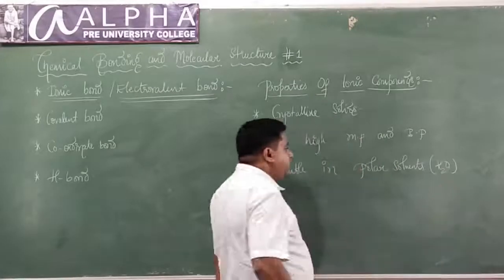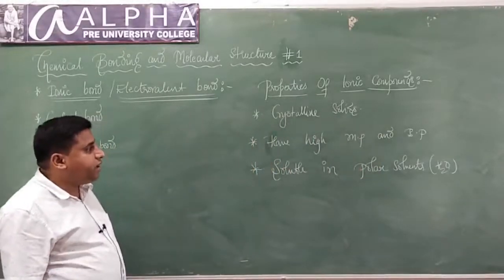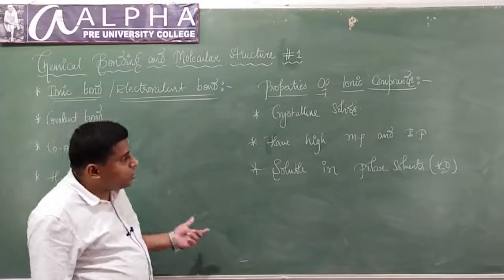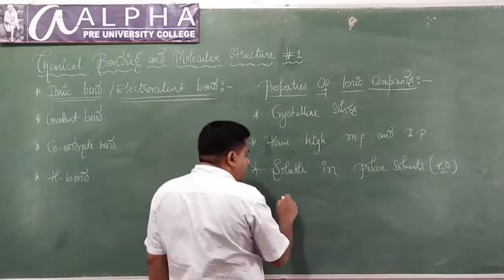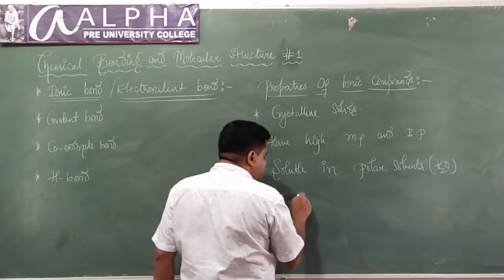They have high melting point and boiling point. They are crystalline solids. They are soluble in polar solvents, and usually ionic compounds are good conductors of electricity.